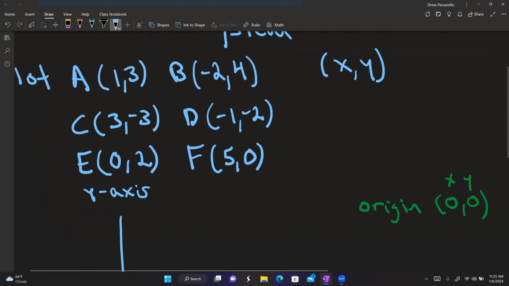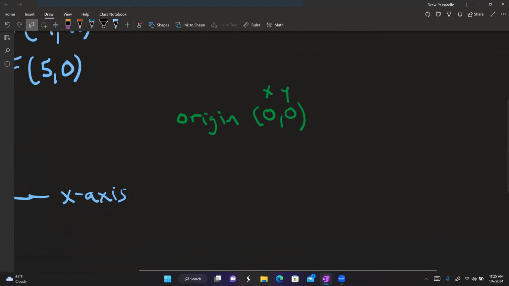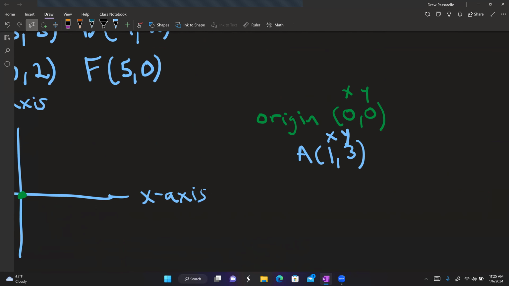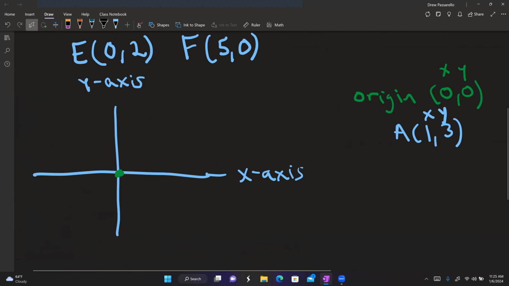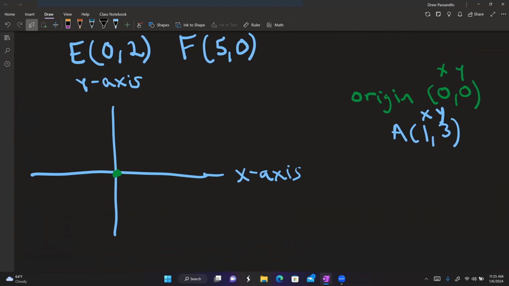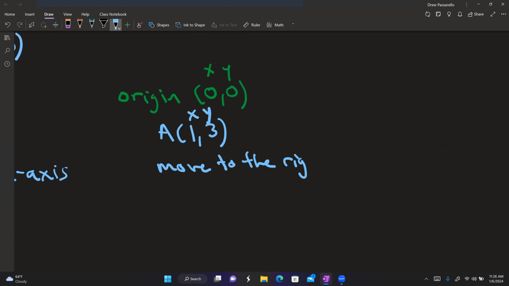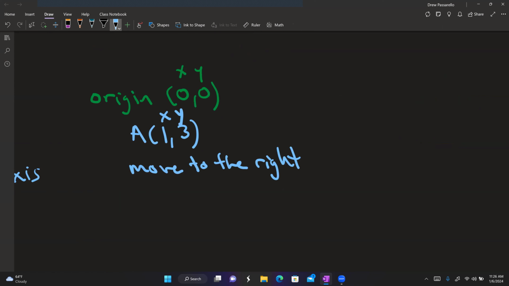Point A has coordinates (1, 3). So the x component is 1, the y component is 3. So I first start with x, and I start at the origin, and since it's a positive 1, for x values, you're going to move from the origin to the right if x is positive.